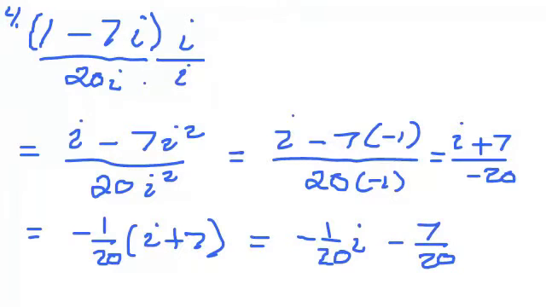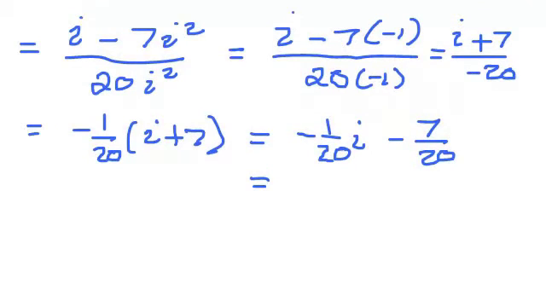We want to write it in the standard form, the real part first: negative 7 over 20, and then minus 1 over 20i.